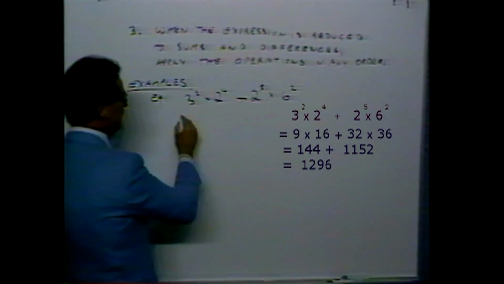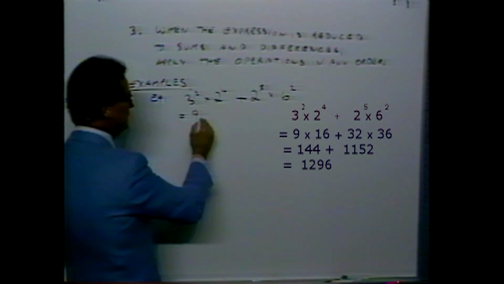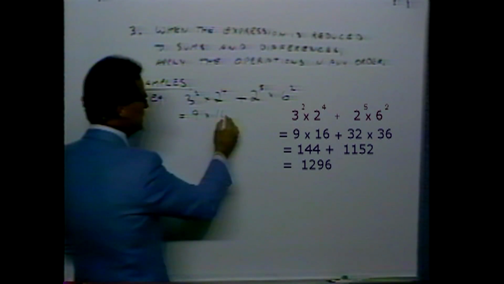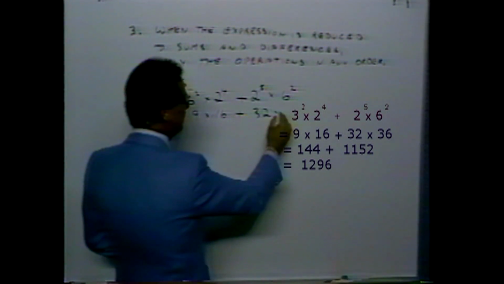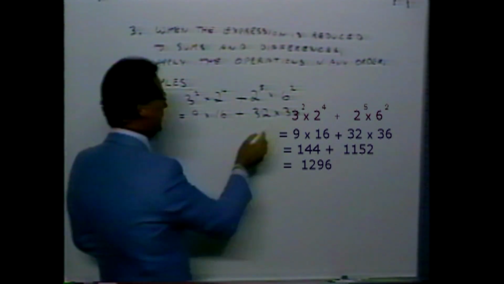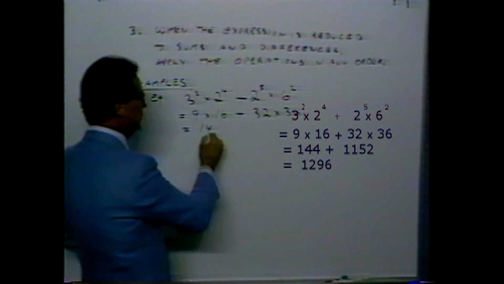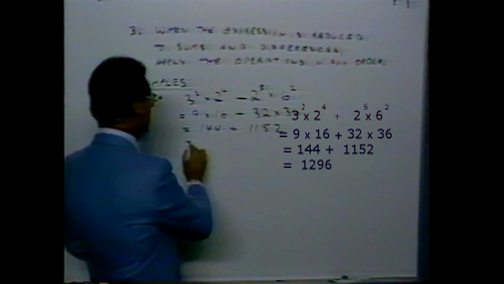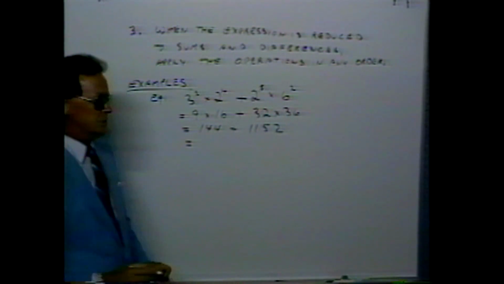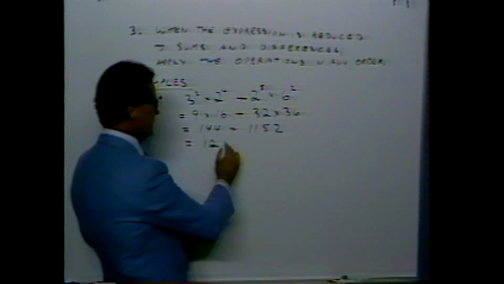For this answer, 9 followed by 16 with a plus sign next, 32 followed by 36. Notice that we want to write 144 for that. Now we can add the two quantities and the final answer is 1296.